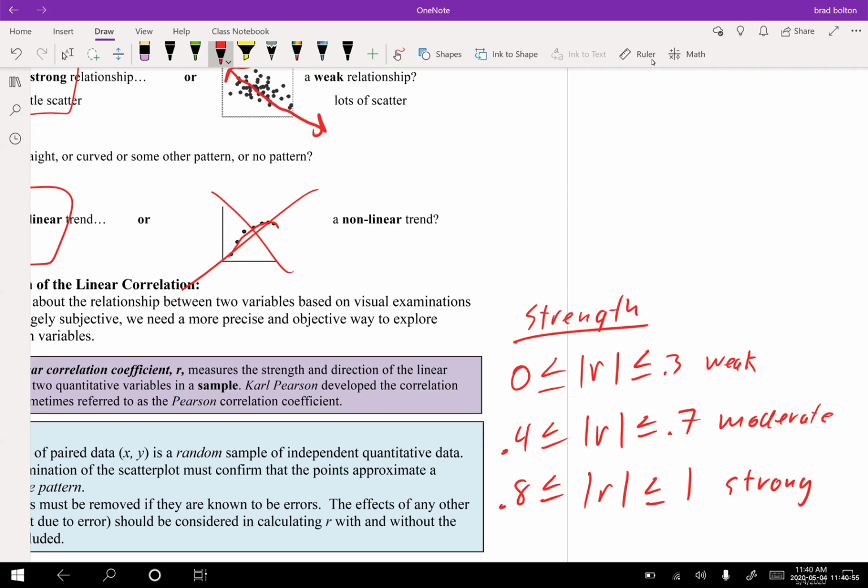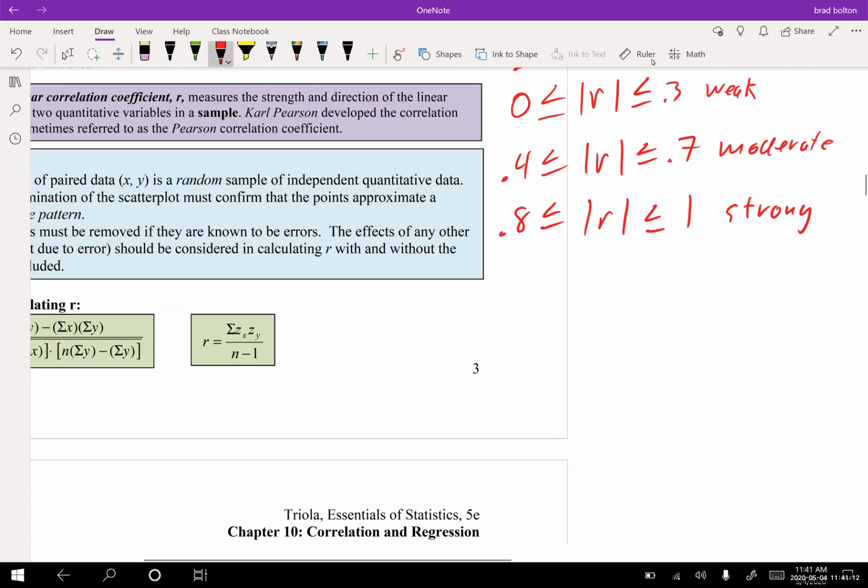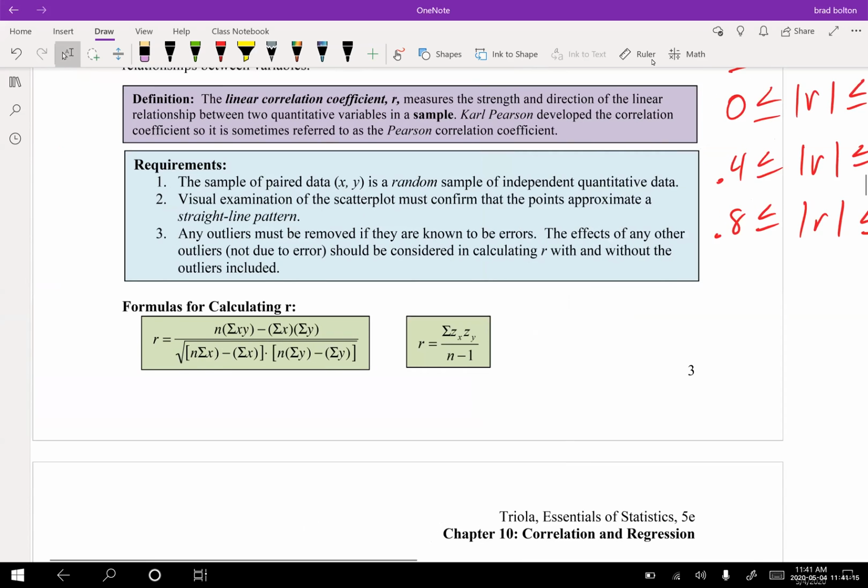If you're at 0.39, I would say that's closer to a moderate, or you could even say a moderate weak, or a weak moderate. Again, it's not exact because I've actually seen different numberings from different books. So just use this as your guideline. Okay.